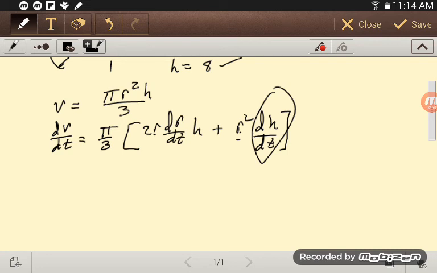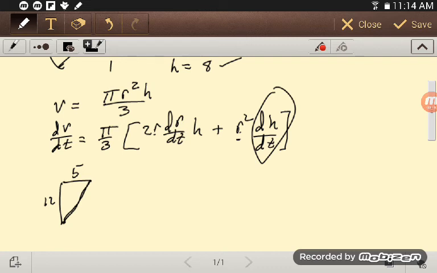To make things simpler, let's draw a triangle where this is 12, this is 5, and that's an angle. That is a slice of our cone, just half of it.